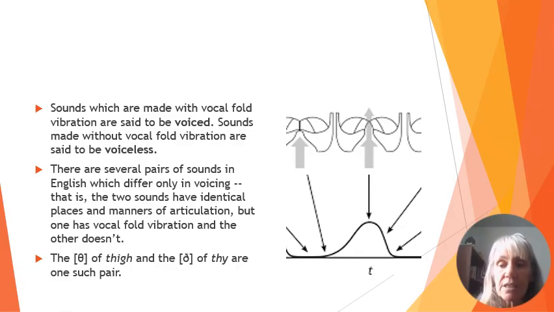So we can put these consonant sounds into pairs and say they sound so much alike, but one is voiced and one is voiceless, okay? They have the same point of articulation, the same manner of articulation, but one is voiced and one is voiceless.